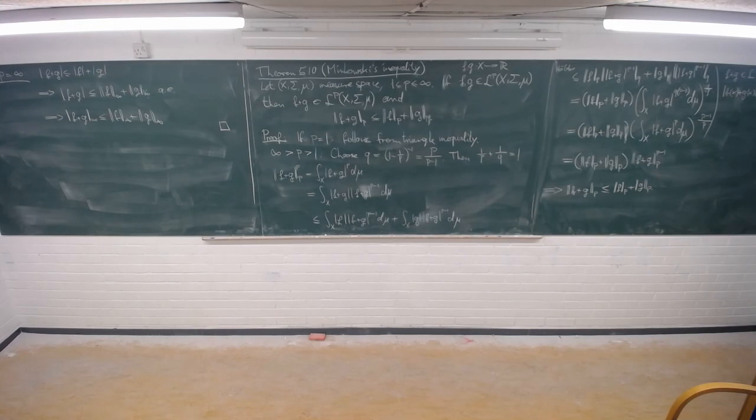Well, the maximum of these two is either going to be f or it's going to be g, right? So if it's f of x, then I'll have this, and if it's g of x, I have g instead of f here, so I can just add the two together, and that only makes it larger.